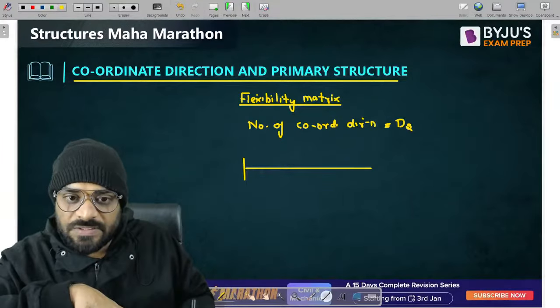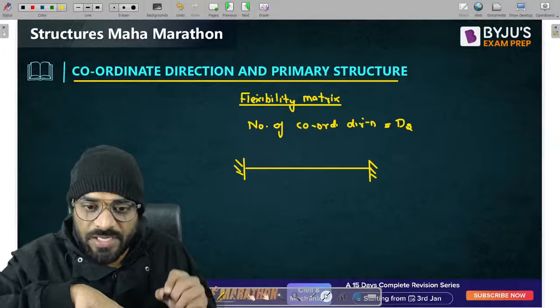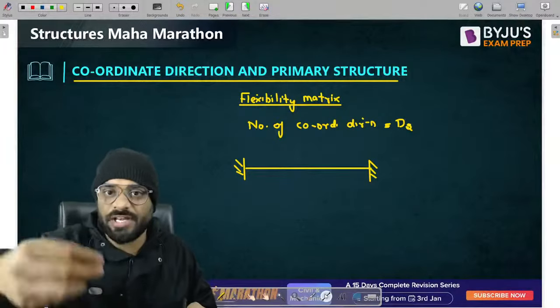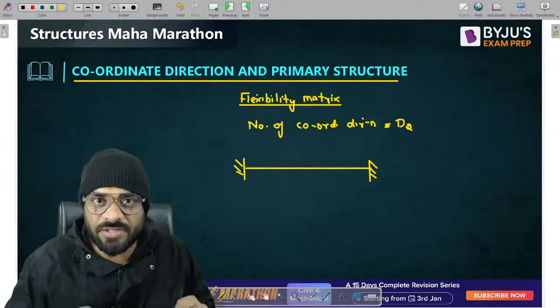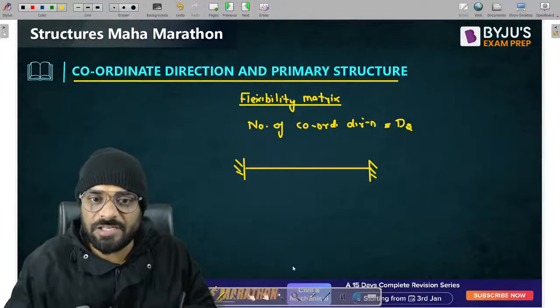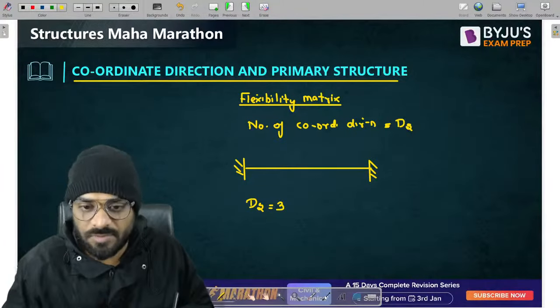Let us suppose this is a structure which is given to us, and I want to draw the coordinate directions and the primary structure. So how many coordinate directions are there? It will depend upon the static indeterminacy. For this structure, the static indeterminacy is equal to how much? 3. Getting the point?